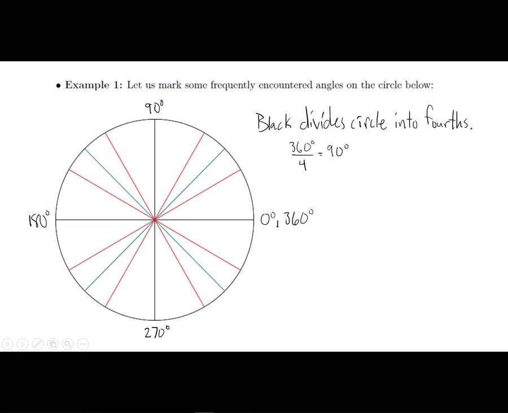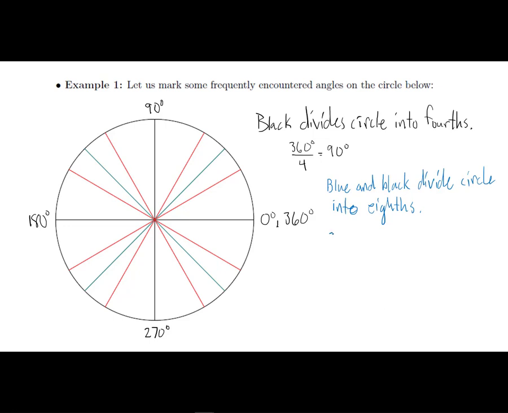Okay. Let's go next to the blue color that we see there. Now if I take the blue along with the black, well, that divides the circle into eighths, doesn't it?